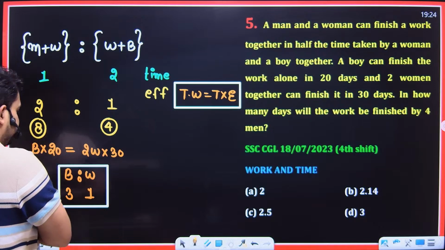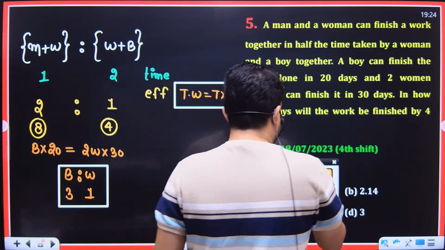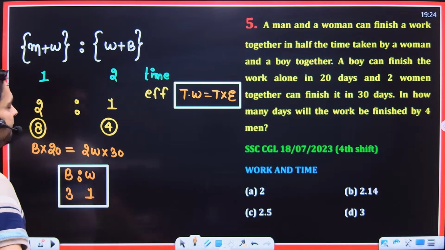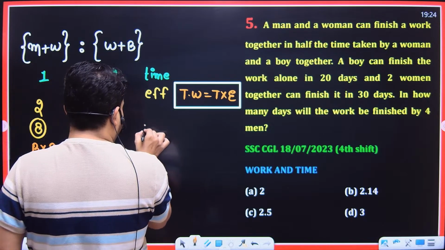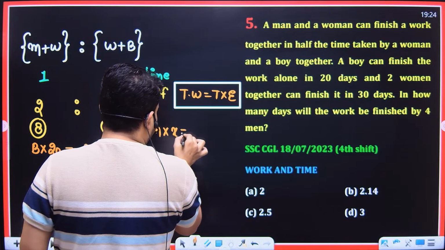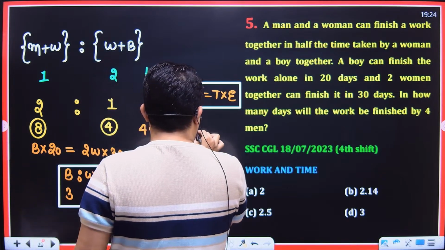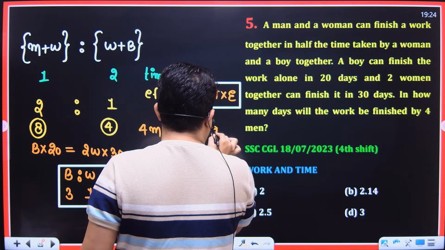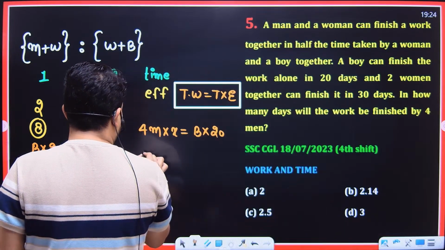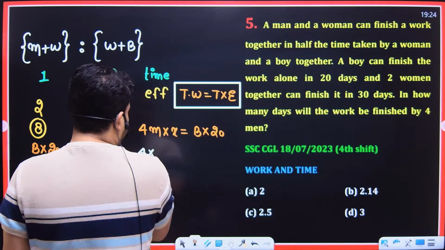In how many days will the work be finished by 4 men? I have to finish this work by 4 men into x days. What is the work which a boy can complete in 20 days? Write down their efficiencies here: 4 into the efficiency of a man.